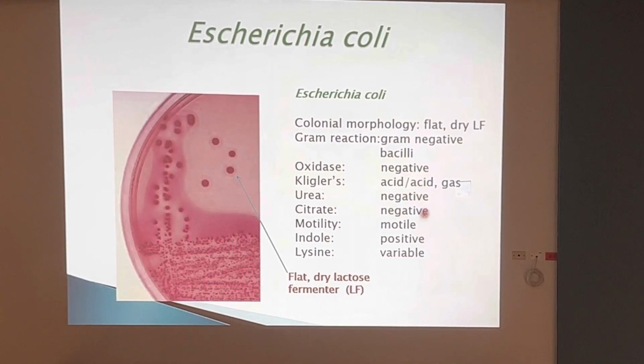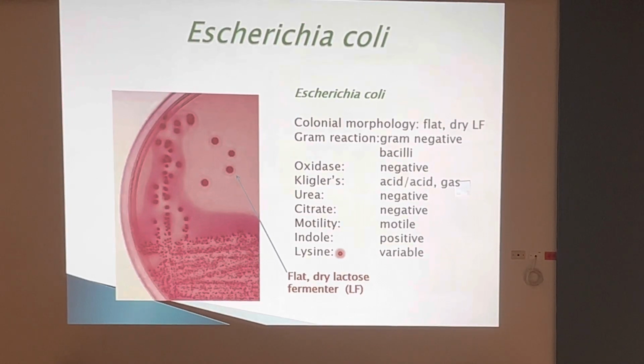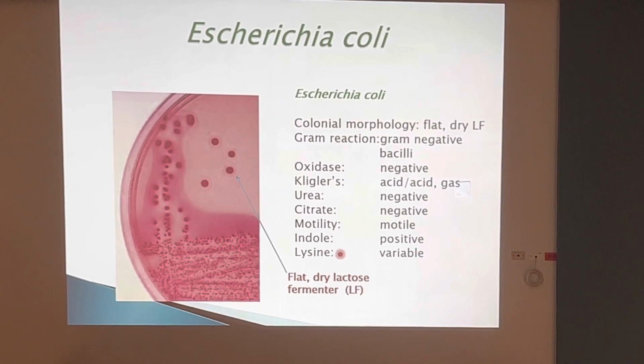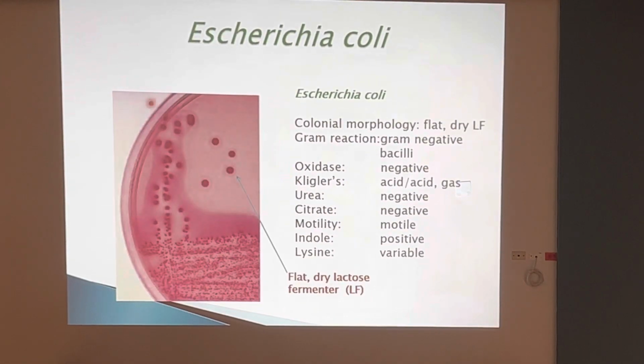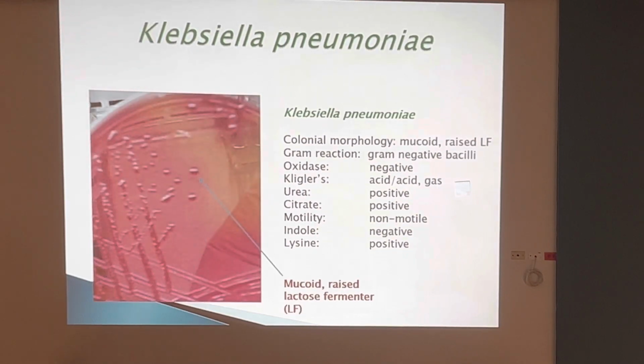And then don't worry about these from Kligler's all the way down to lysine. These are termed as biochemical tests, and we use them in the laboratory to help us identify the different members of the Enterobacteriaceae. Based on the results that we obtain, those pattern of results can tell you which organism it is. And of course, lactose fermenters, because here on MacConkey's agar, they are pink. Here now are your Klebsiella pneumoniae.